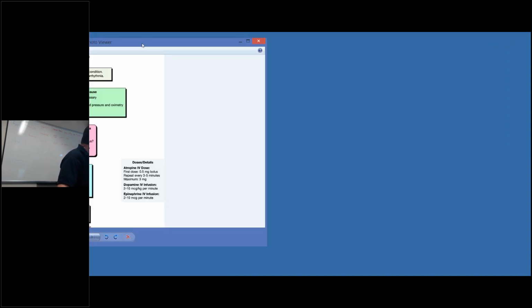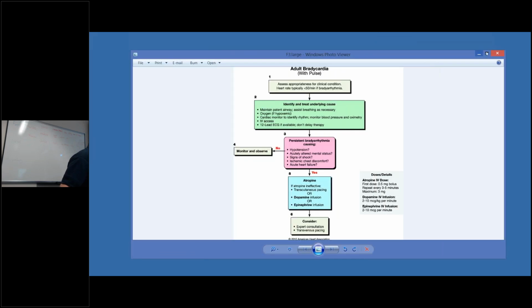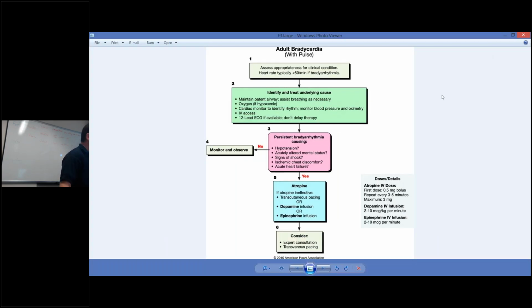All right, so my other aspect that I can go is my slow rhythm. And I actually only have one slow rhythm, and this is bradycardia. So bradycardia, what we have to find out is, is my patient symptomatic or not. So I can have a patient with a 50 heart rate who is completely stable and they're not symptomatic.